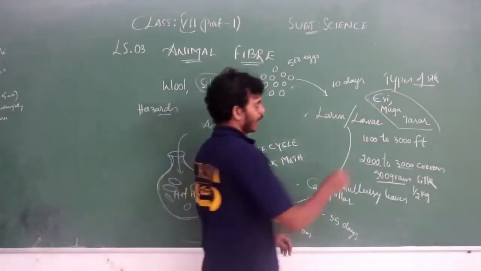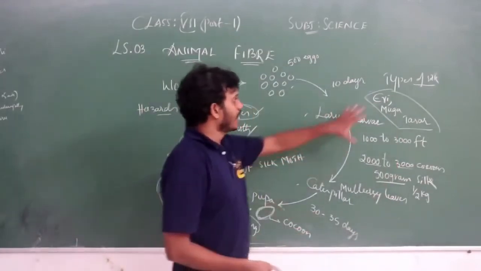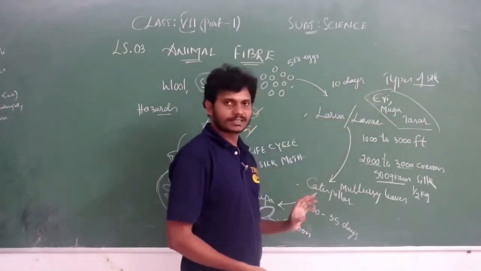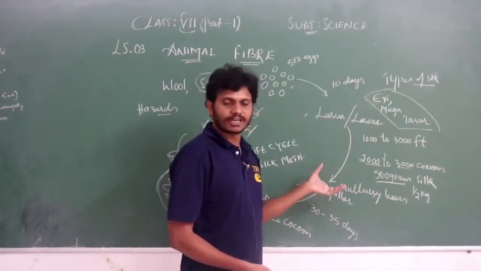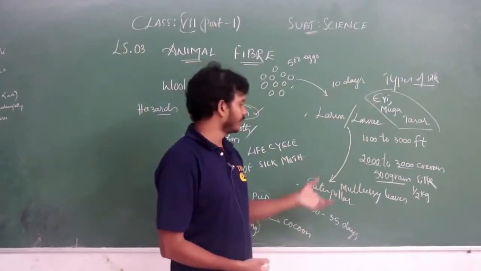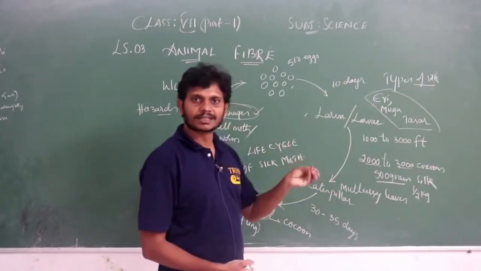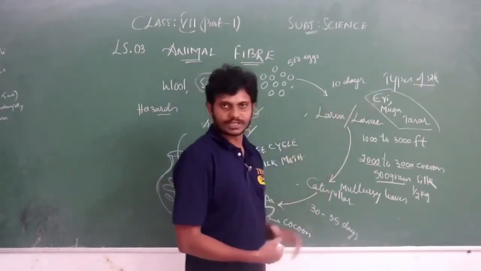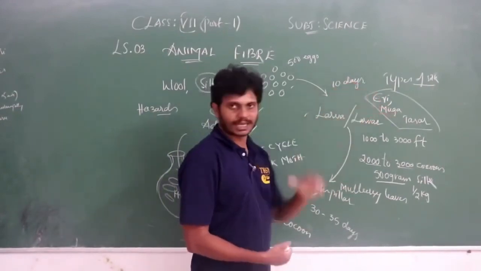How do we get different silks here? We get different silks because caterpillars are fed with different food materials. Based on the food materials they eat, we get different types of silks.